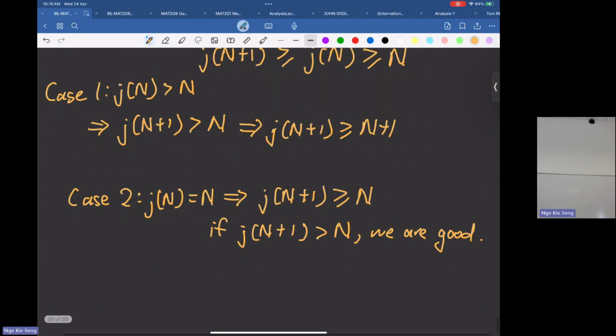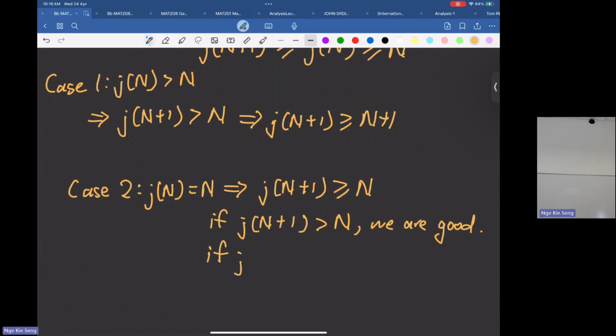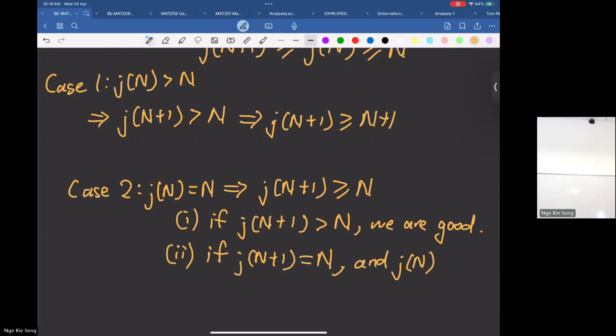Fair enough. But how about if Jn+1 equals n? So this one is the first case, and the second case here is Jn equals n.